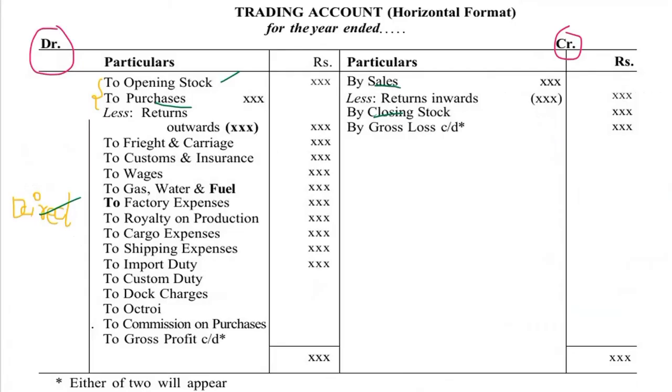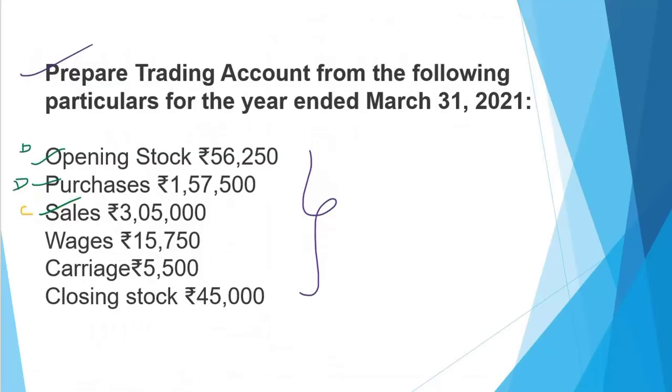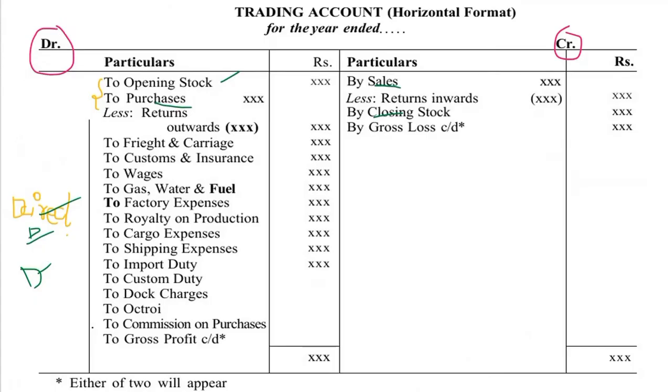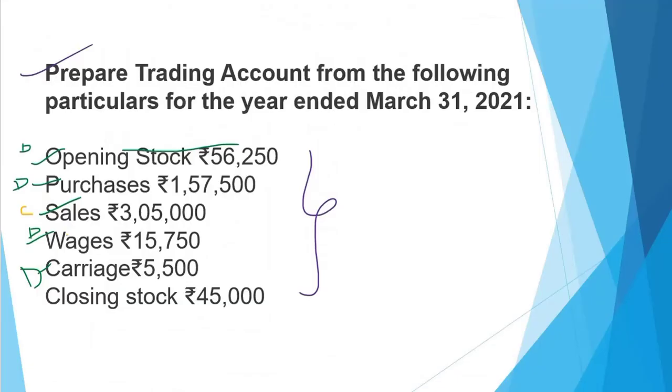Then wages, they are daily labor, so they are also on the debit side, guys. Next, carriage, guys. Carriage means the transport charges we pay. It is also on the debit side. If you have any doubts, see here, freight and carriage. Then closing stock: opening stock is on the debit side, so closing stock is absolutely on the credit side.